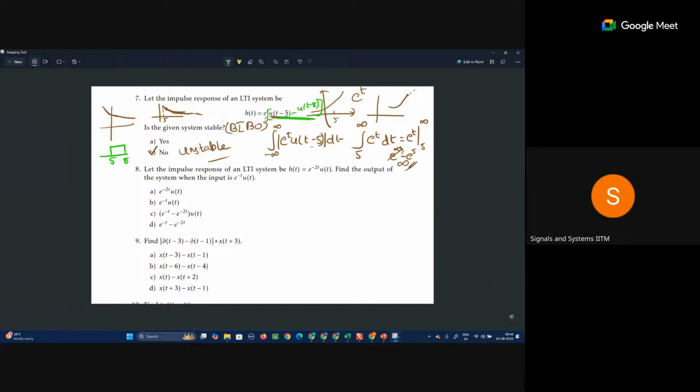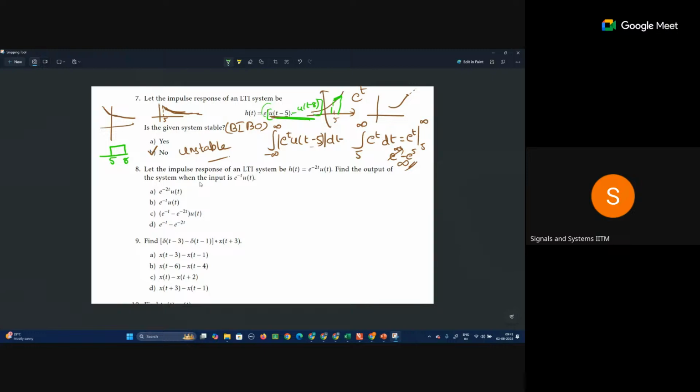So we will be multiplying e power t in that range only. So from the signal, only this green part will be there. In that case, it will be bounded. Yep, it's bounded. Okay, thank you. So in that case, stable.